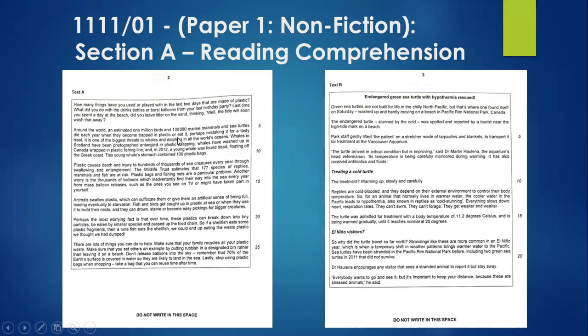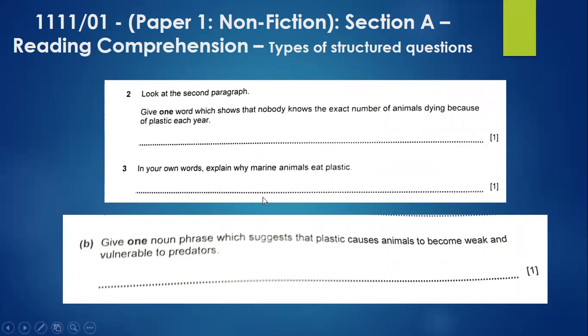Why do you think marine animals eat plastic? Here, you could find the answer in the second line of the second paragraph, perhaps mistaking it for a tasty treat. Therefore, marine animals eat plastic because they mistake it for food.